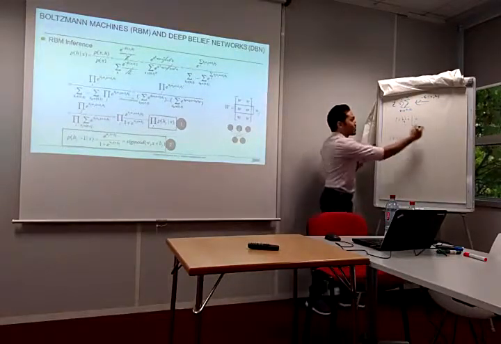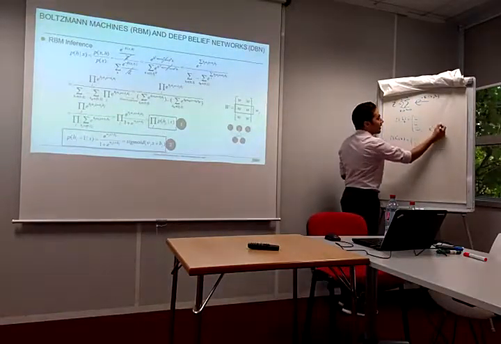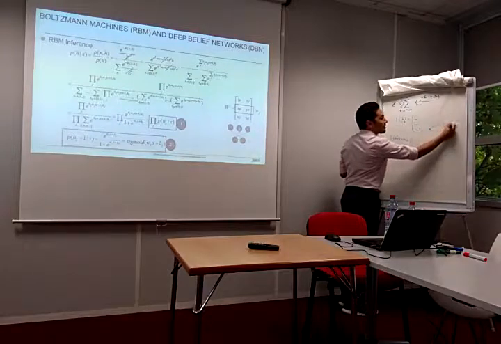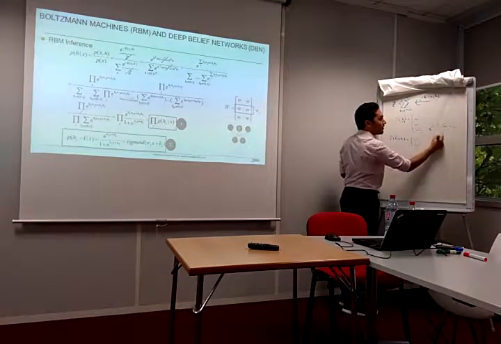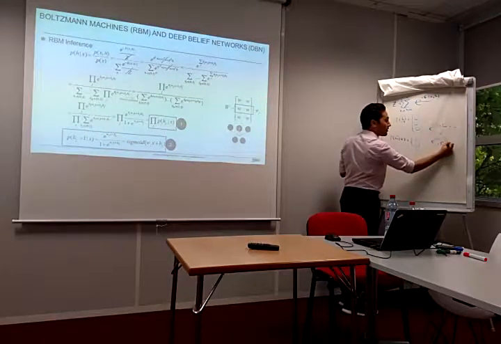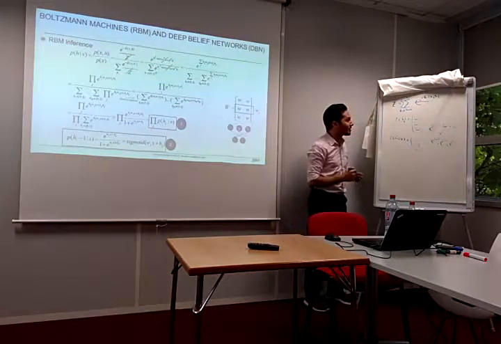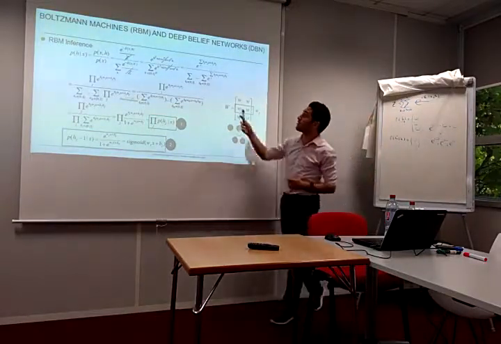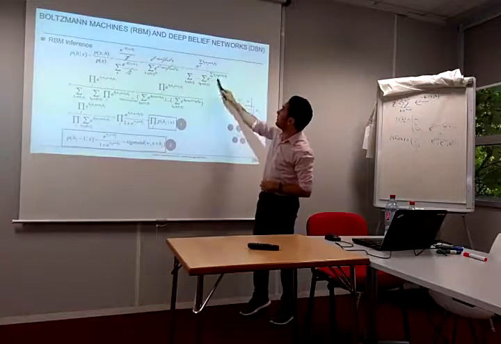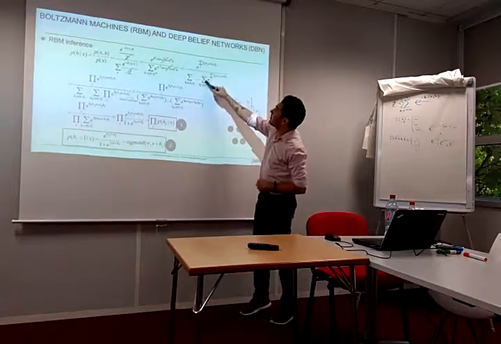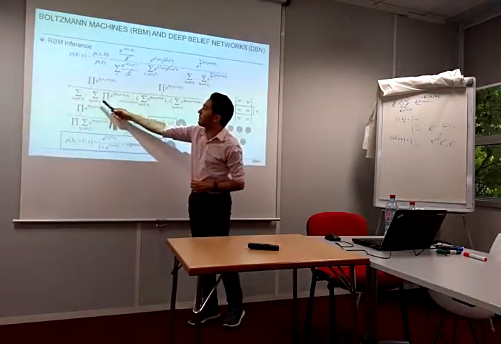So e to the power something plus something plus something is equal to e to the power the first thing multiplied by e to the power the second thing. So this is why we can remove this addition and put here a multiplication.